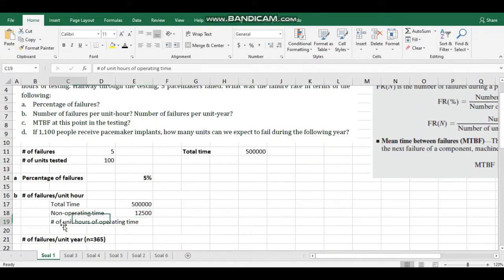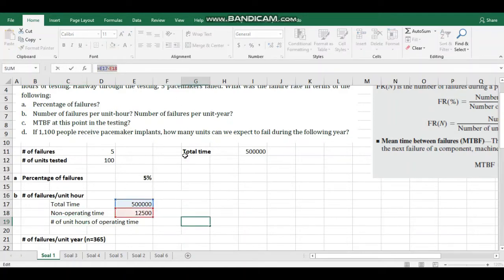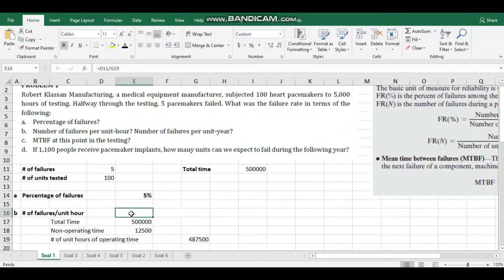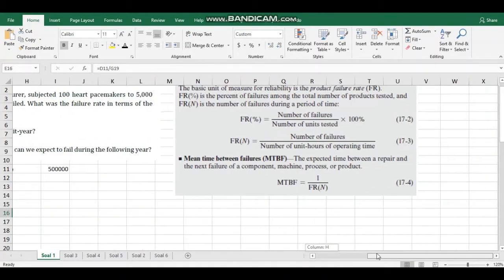Now for the number of unit hours of operating time, we get it by subtracting the non-operating time from the total time. So this is the number of unit hours of operating time, how long the machine is in process. And now we could calculate the number of failures per unit hour. We could use this formula: number of failures divided by number of unit hours of operating time.